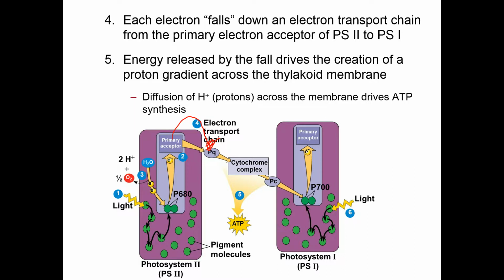That membrane protein will then transfer them to the cytochrome complex, which allows for the movement of protons from the stroma into the lumen of the thylakoid.